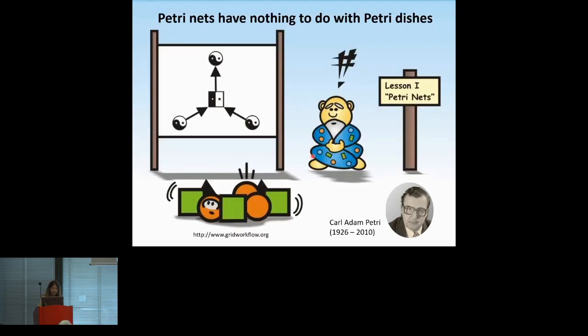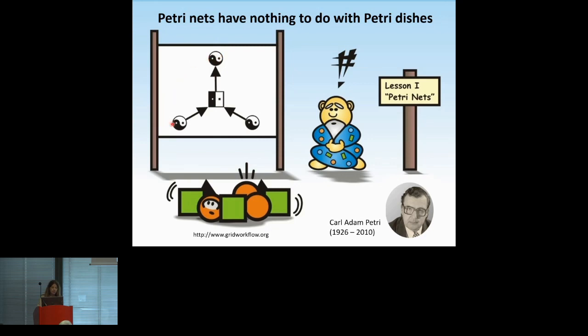So what are Petri nets? Petri nets are bipartite graphs. And I forgot to say, Carl Adam Petri developed the Petri net formalism in order to uniquely handle systems with concurrent processes. And what he did is really to distinguish between the active part and the passive part of the system.